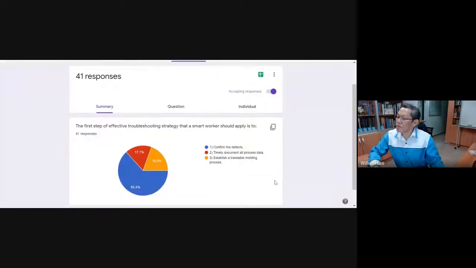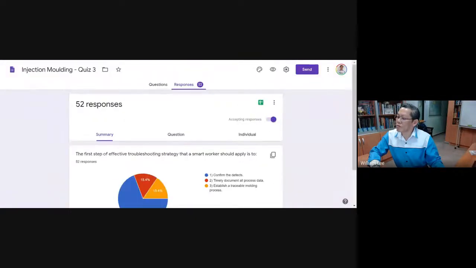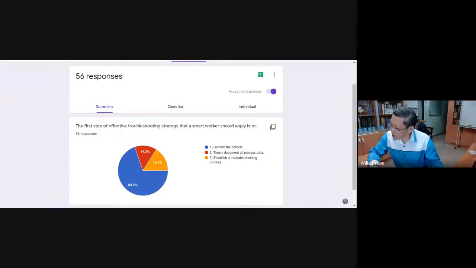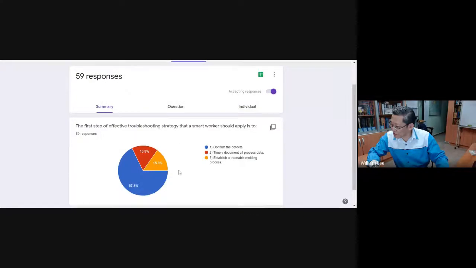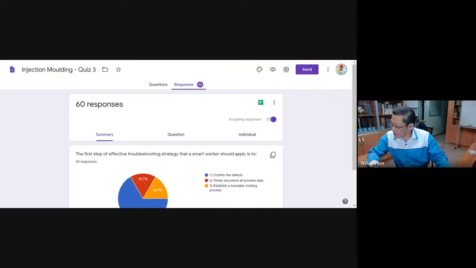Majority of you chose confirm the defect. Second, timely documents or process data. Number 3, establish traceable molding process. It looks like the trend is that the answer is number 1. I'm not sure yet. I'm not saying that the answer is number 1, but I can see that the majority of you selected the answer number 1, confirm the defect. Okay, so that's the trend.